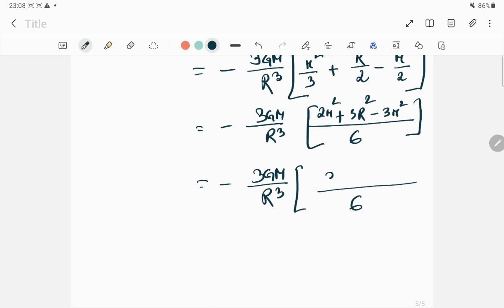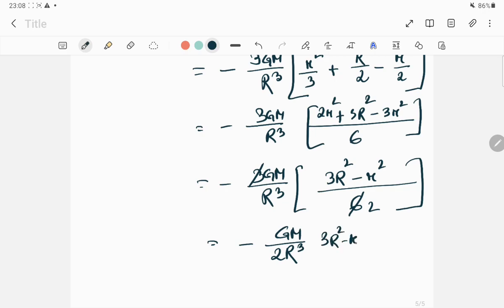So 3 capital R square minus small r square. So these 3 2s are 6. So we have GM by R cube into 2 times 3 capital R square minus small r square. So this is our total V.